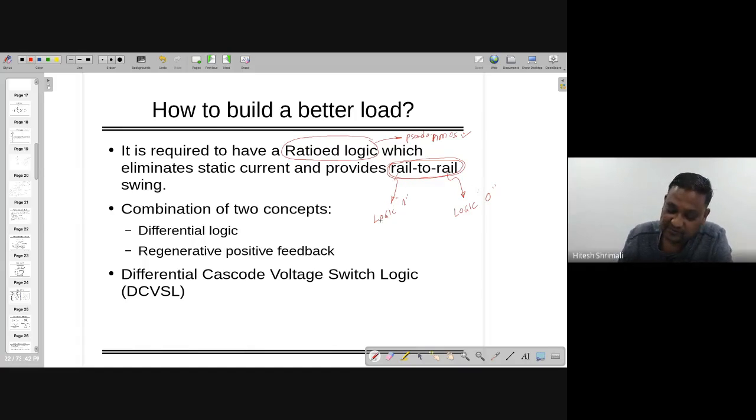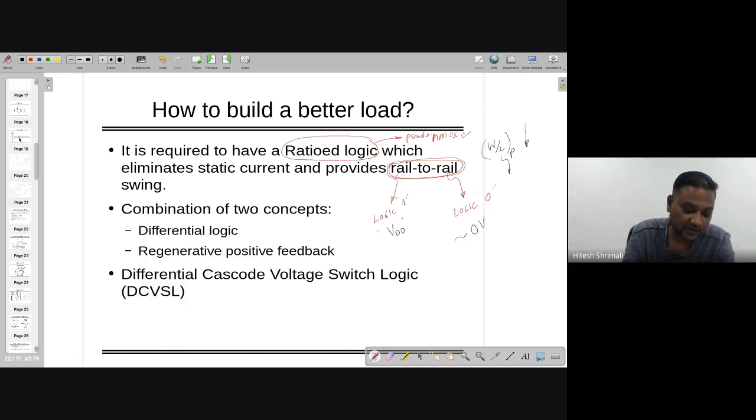If you remember, just a few minutes ago, you understood that logic 1 is equal to VDD in the case of the pseudo-nMOS transistor, whereas logic 0 is not exactly 0 volt, but approximately 0 volt, right? That can be compensated by the W by L of the PMOS, which is acting as a load. You need to keep this as low as possible. Preferably, L has to be higher than W, right?